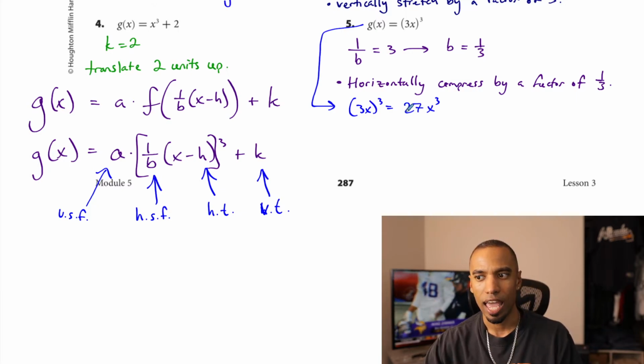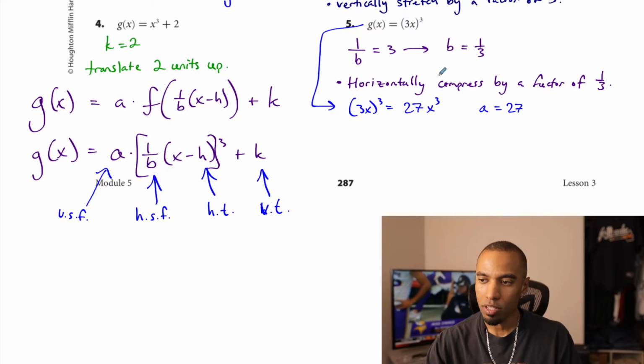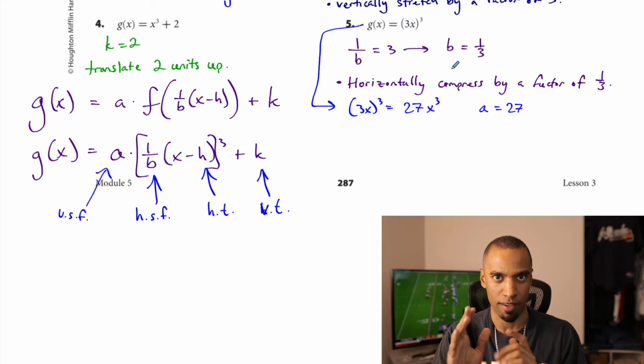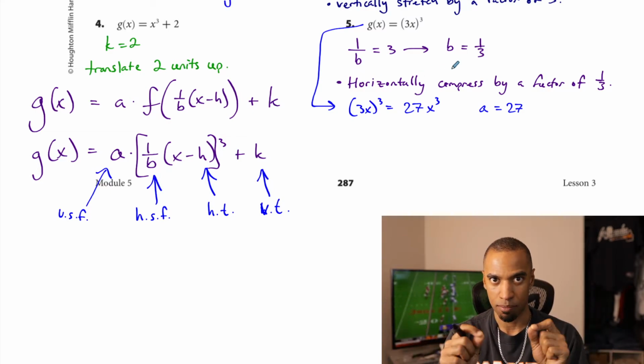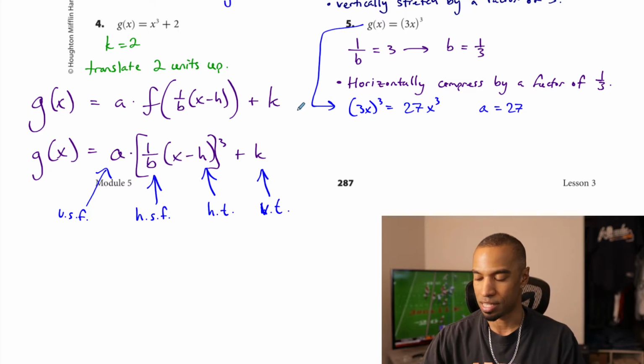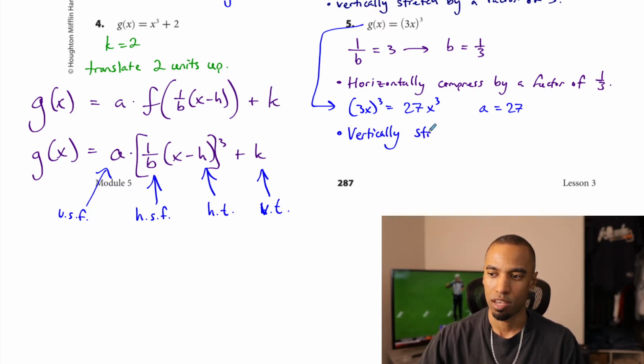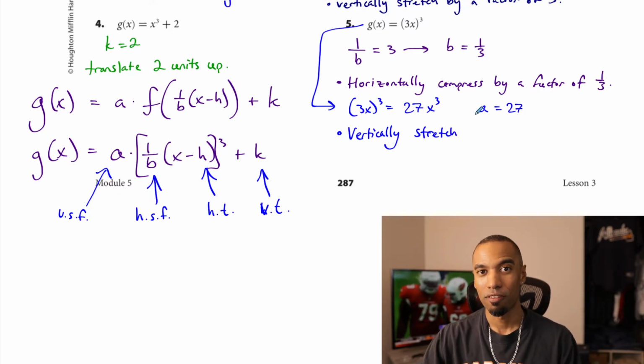Suddenly this turned into an a value, and the a value is 27. So the equivalent of horizontally compressing this graph by a factor of 1/3, taking the x's and dividing them by 3 to keep the same y values, is vertically stretching this by a factor of 27. Vertically stretch by a factor of 27, which means take the y values and make them 27 times taller at the same x values.